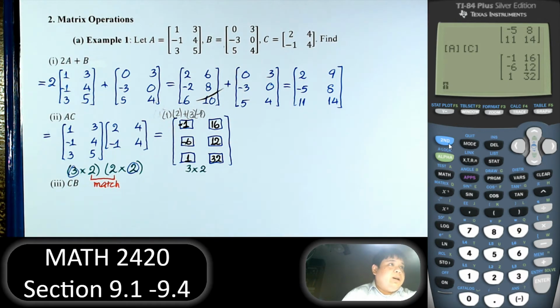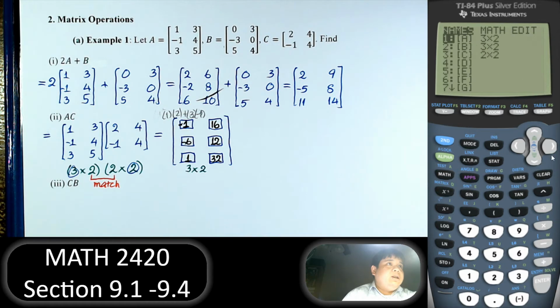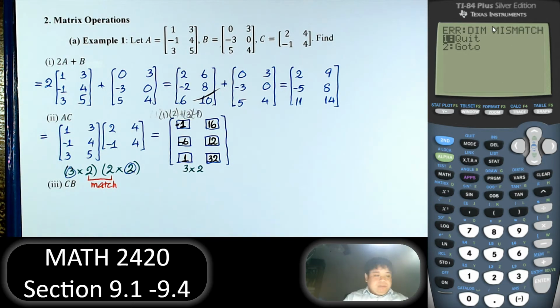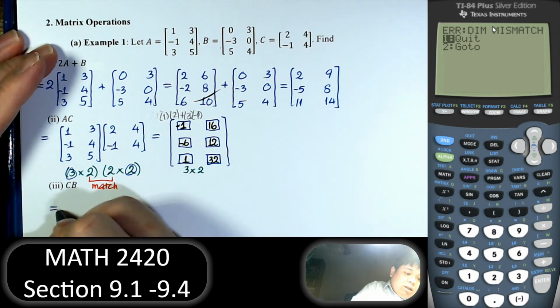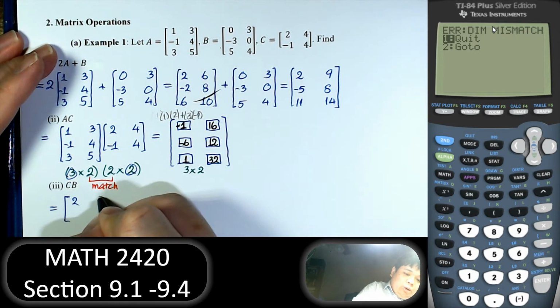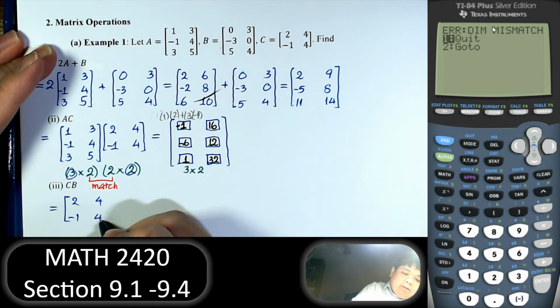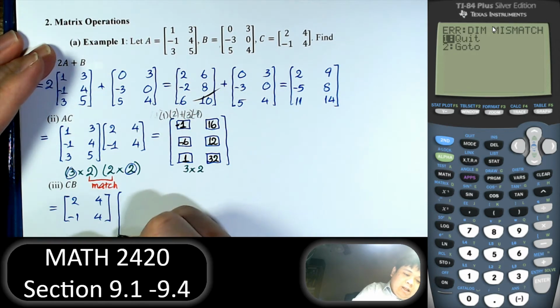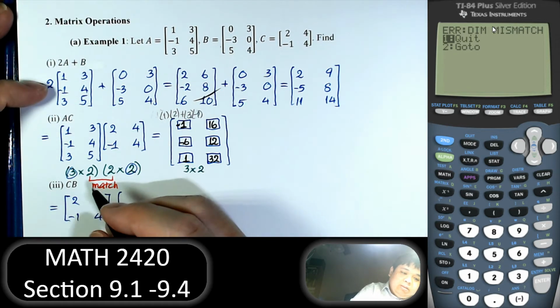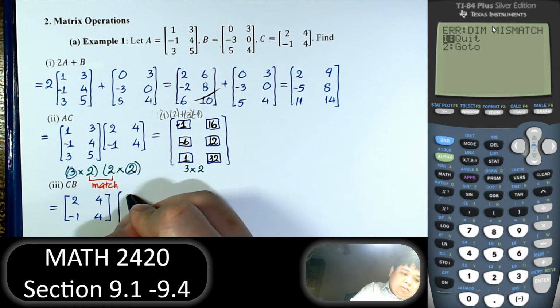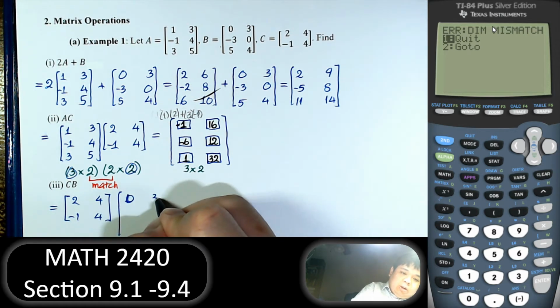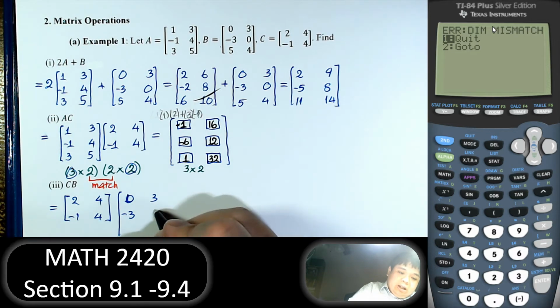How about C times B? So let's use the calculator. Second matrix. We have the matrix C times the matrix B. Dimension mismatch. If we write it out, matrix C is 2, 4, negative 1, and 4, and matrix B is 0, 3, negative 3, 0, 5, and 4.